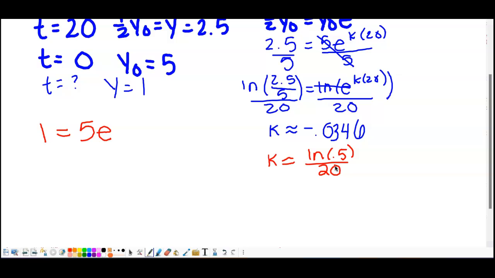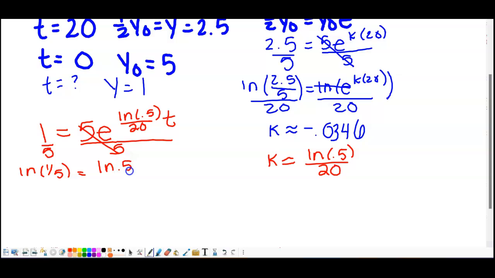Personally, I hate typing in decimals. I would probably type in ln 0.5 over 20 and just keep it on my calculator and work backwards to solve for t. So once again, we have to divide both sides by 5 to isolate the e, and ln both sides to get rid of the e, leaving me with ln 0.5 over 20 t.